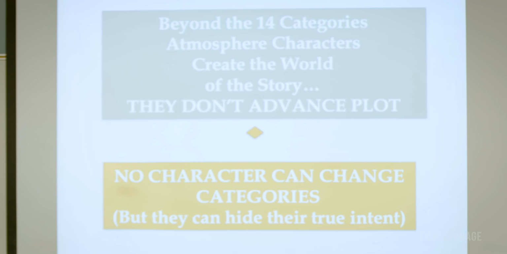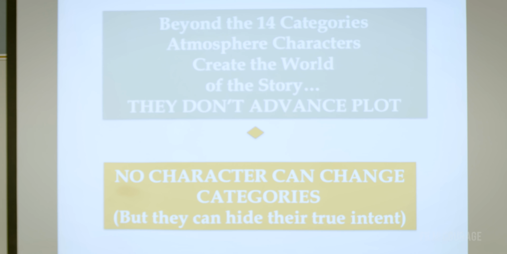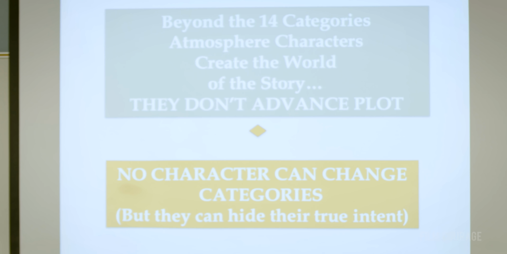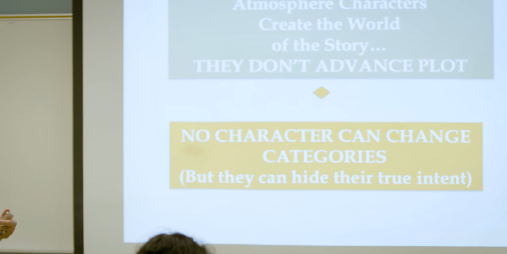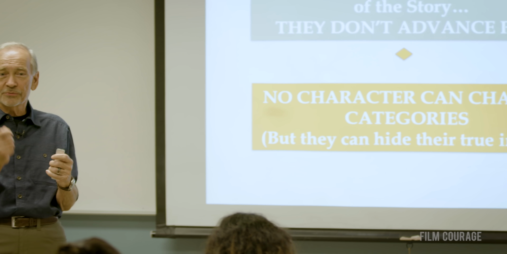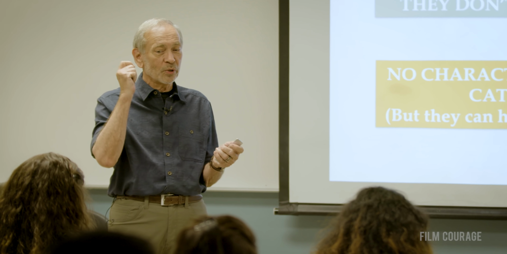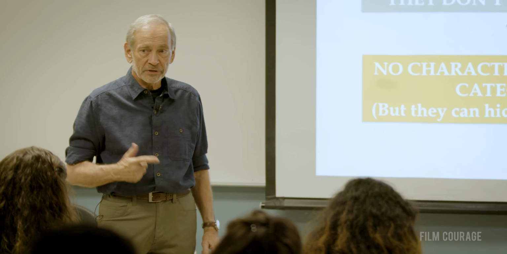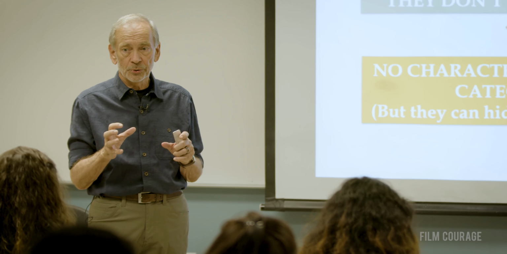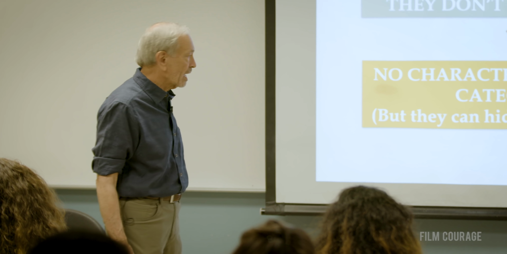They are there to make the world, this fictional world, for this particular story, feel real, for verisimilitude. And sometimes they have a few lines, the sassy waitress who has a quick, cute quip and drops the bill, and we never see her again. She has no story function. It's just milieu, just to give it depth. And they don't advance the plot.